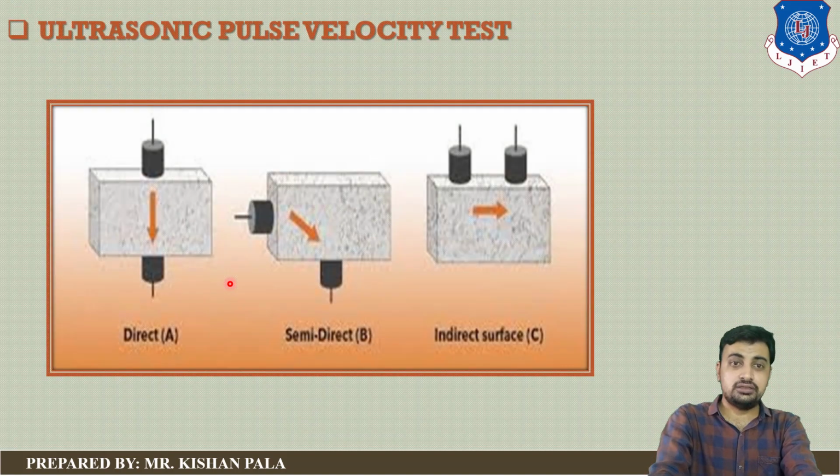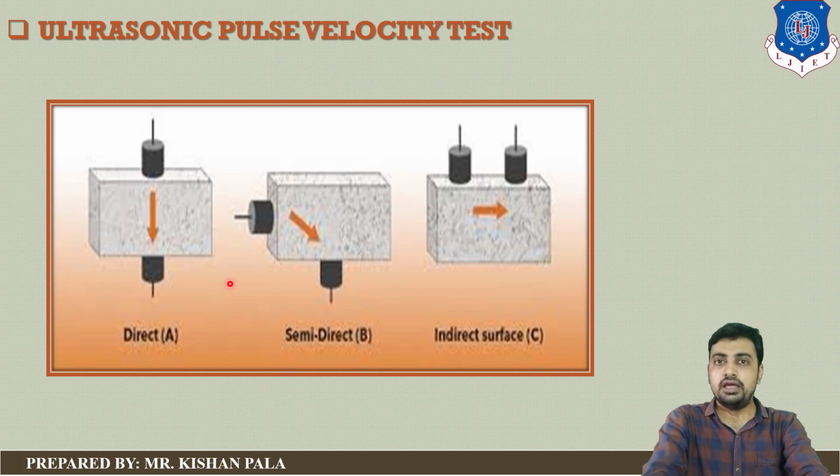Next is the ultrasonic pulse velocity test. This test is performed by measuring the ultrasonic pulse velocity through the different phases of the concrete mass. In this method, we introduce the ultrasonic pulse through a transducer and receive it with a receiving transducer across different phases of the concrete mass.